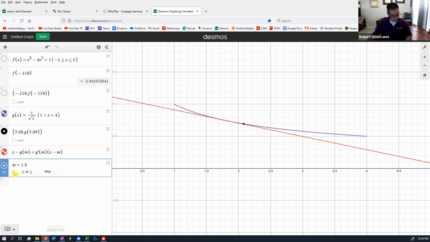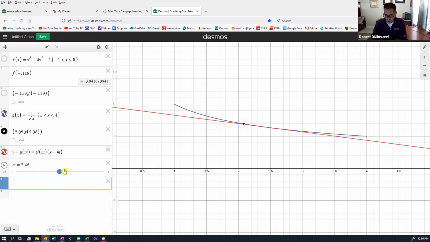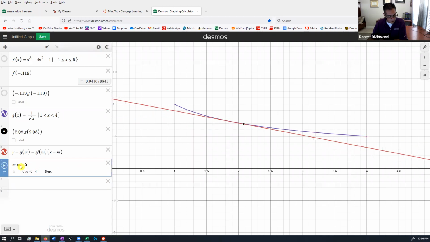Let me fix this. Let me only go between, what was it, between 1 and 4. Okay, so now you can see the tangent line there as I move along the curve, different places, right? There it is. I want to move it to where this is 2.08 right there. Looks pretty good to me.